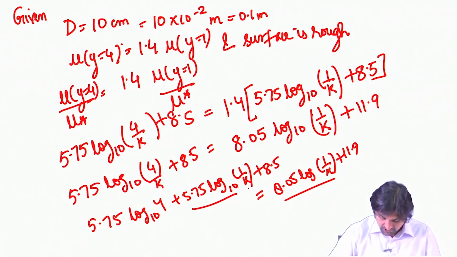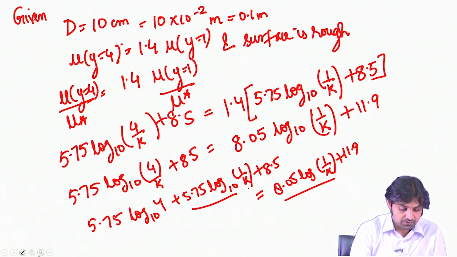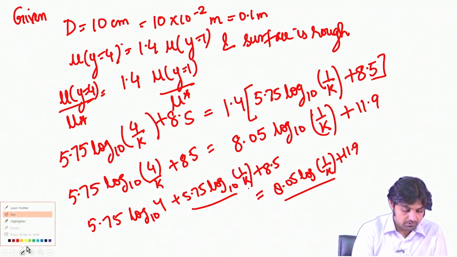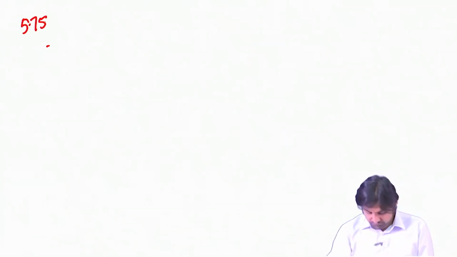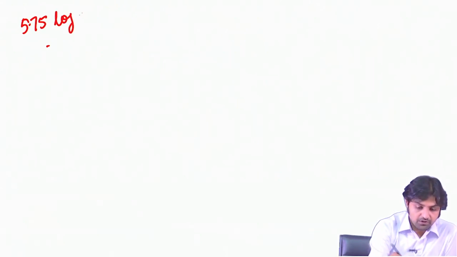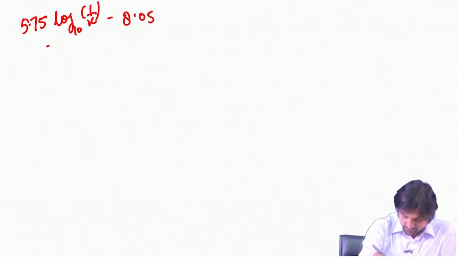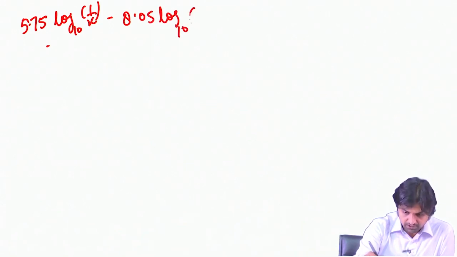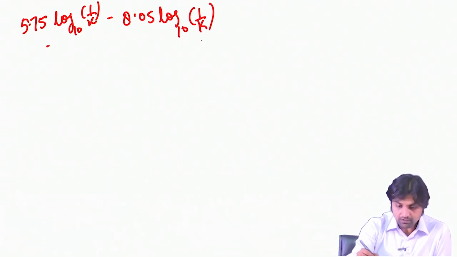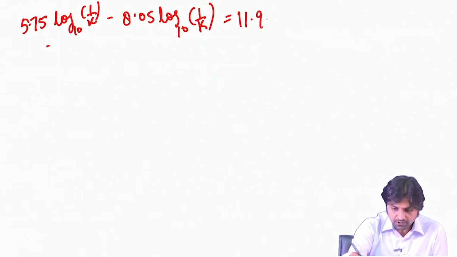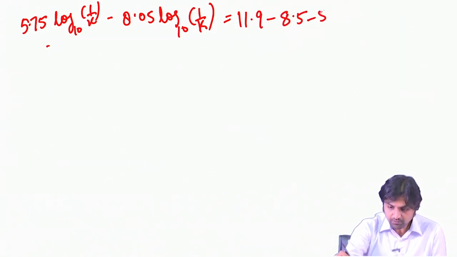Okay, and if we take it to the other side, so we are going to bring it on the other side. 5.75 log 1 by k base 10 minus 8.05 log base 10 1 by k is equal to 11.9 minus 8.5 minus 5.75 log base 10 4.